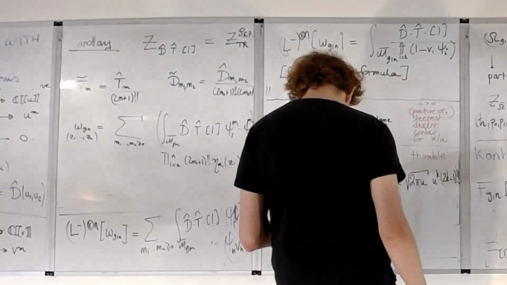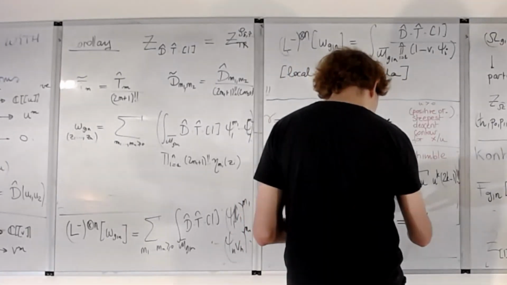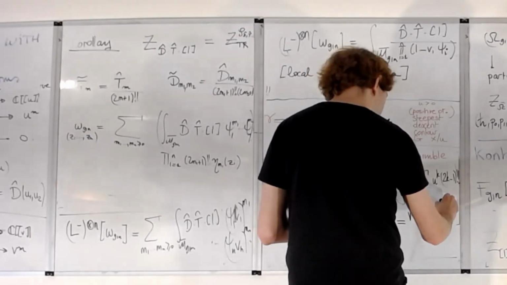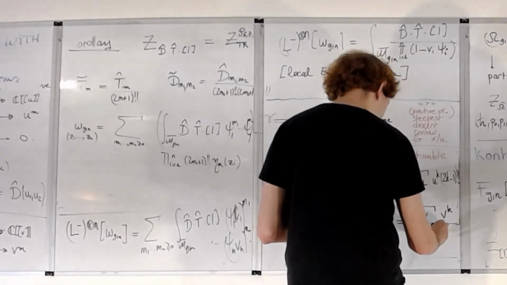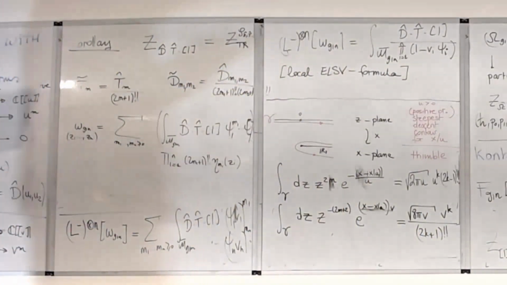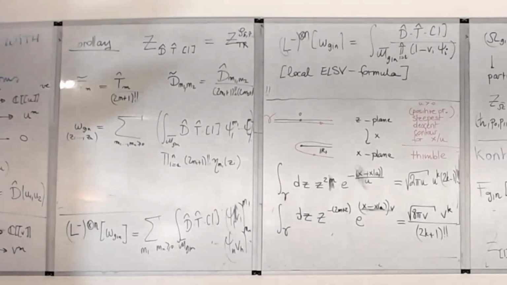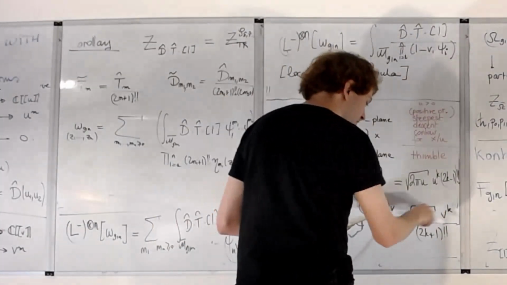And if I'm not mistaken, you're going to obtain 8 pi v square root v to the k over 2k plus 1 double factorial. What I'm not totally sure about is a factor of 2 and the global sign. But the rest is okay.